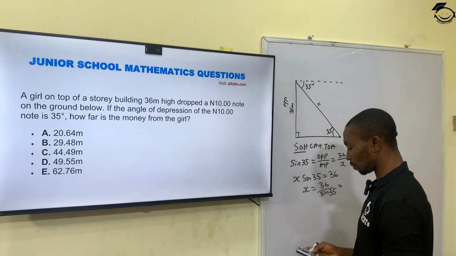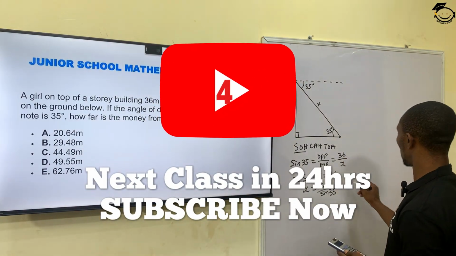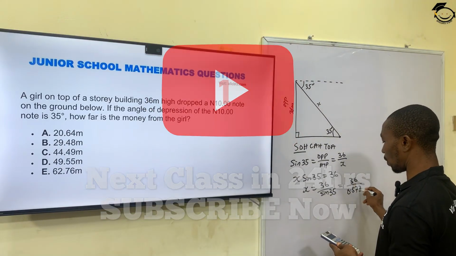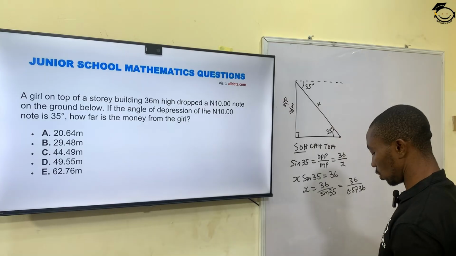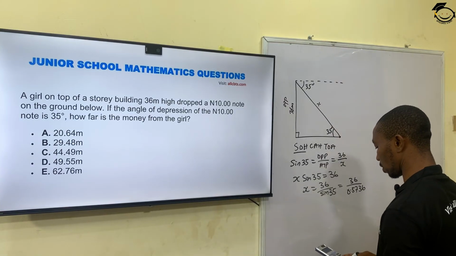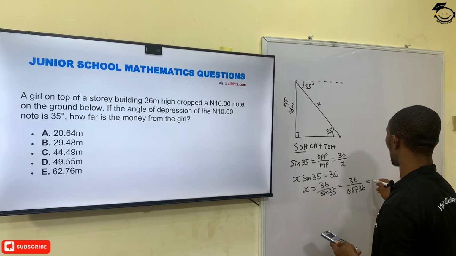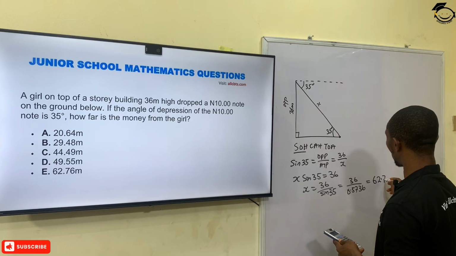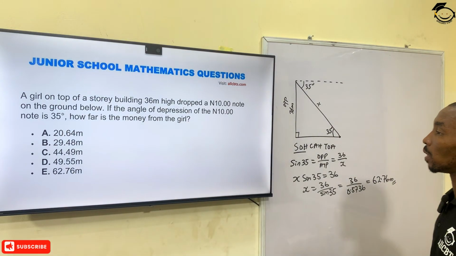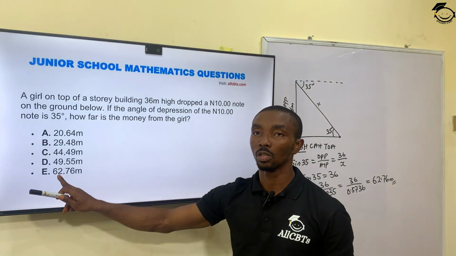Sine 35 would give us 0.5736, so this will be 36 divided by 0.5736, which gives us 62.76 meters. So the note is 62.76 meters away from the girl, which is our option E.